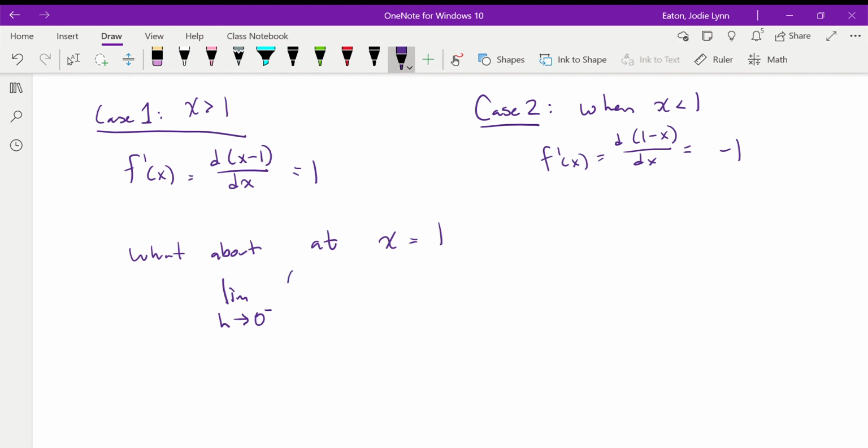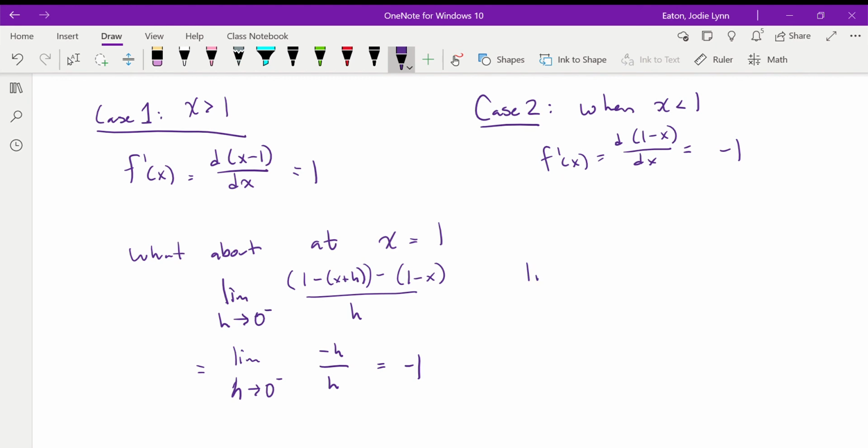So this will be the limit as h approaches 0 from below of 1 minus x plus h, minus 1 minus x, over h. Again, we're using our negative function, so 1 minus x plus h gives us a minus h over h, which equals minus 1.